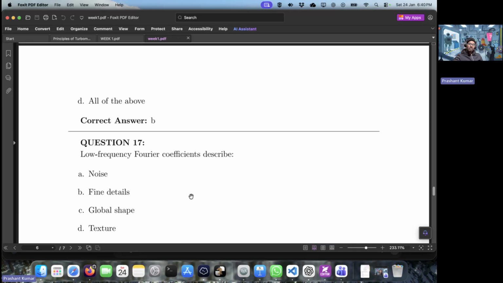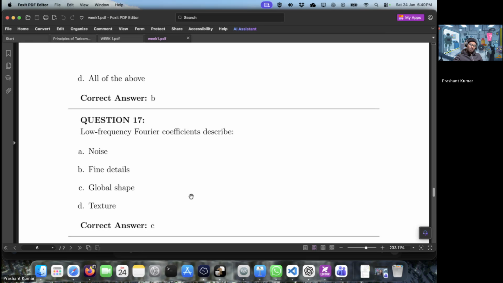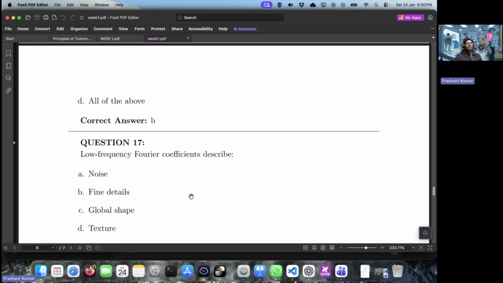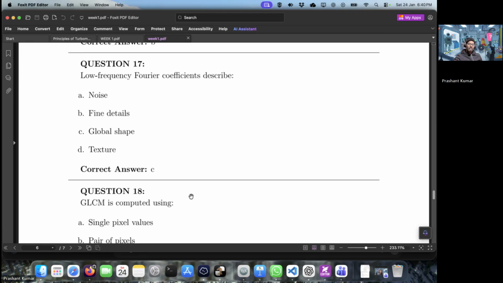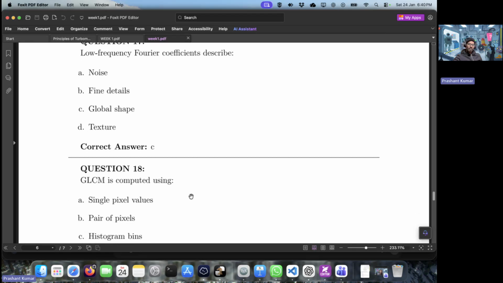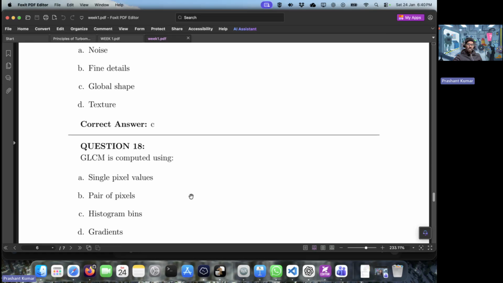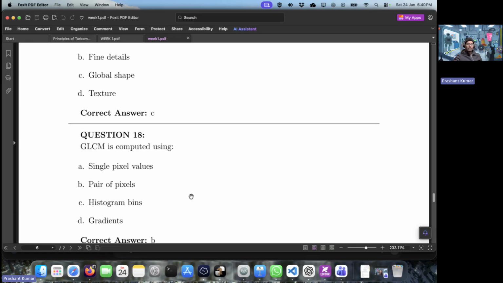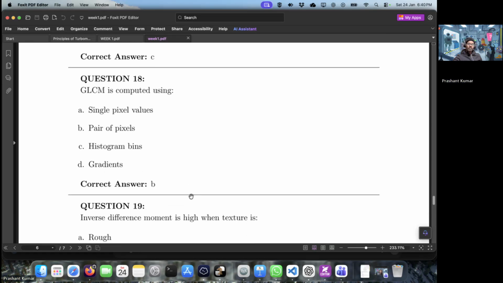The low frequency Fourier coefficient describes the noise, fine details, right? Global shape, low frequency. Oh, sorry, low frequency is about the global shape, right? GLCM computing units: single pixel values, pair of pixels, histogram means, gradients. It's a pair of pixels, right?